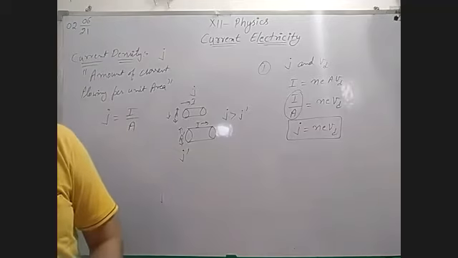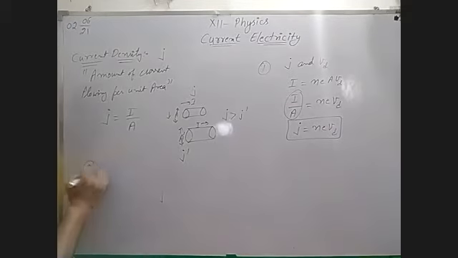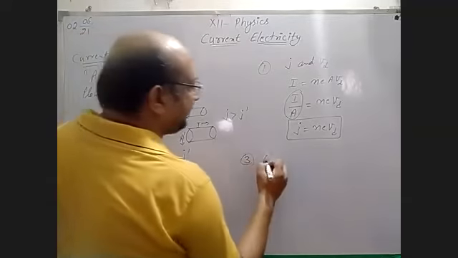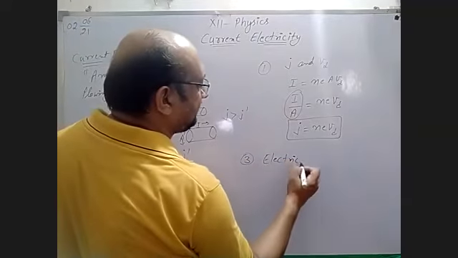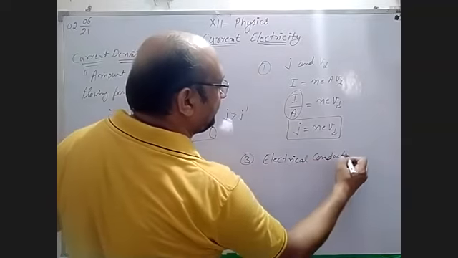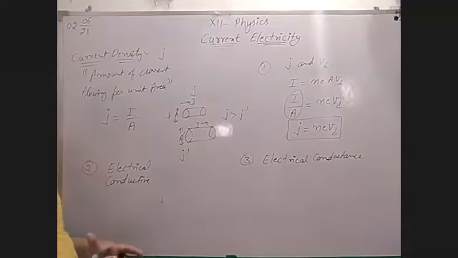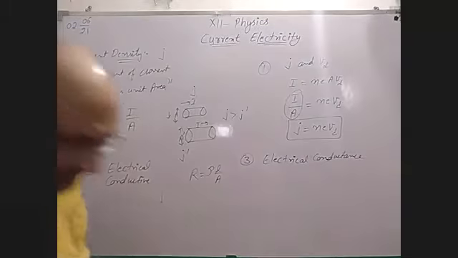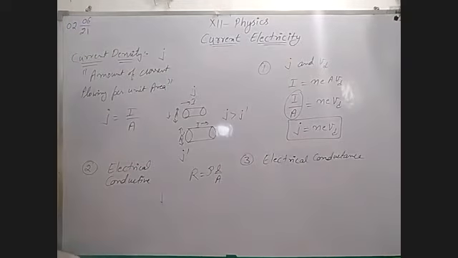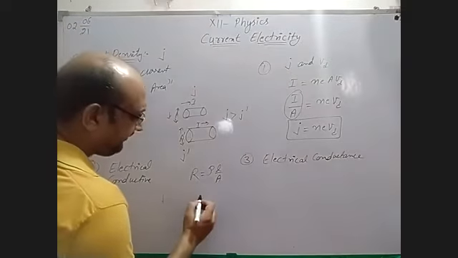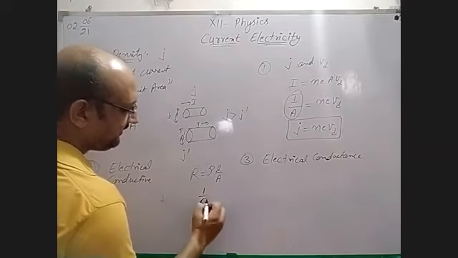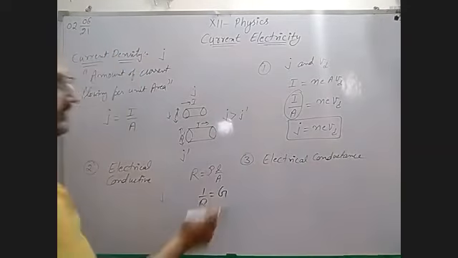Now the next thing is electrical conductivity. There is also electrical conductance. Do you know about resistance? Yes, R is equal to rho L upon A. You know this formula. One more thing: if we take the reciprocal of resistance, 1 upon R, that is conductance.